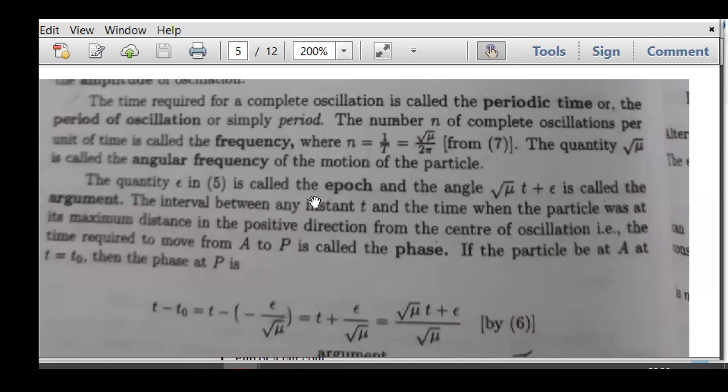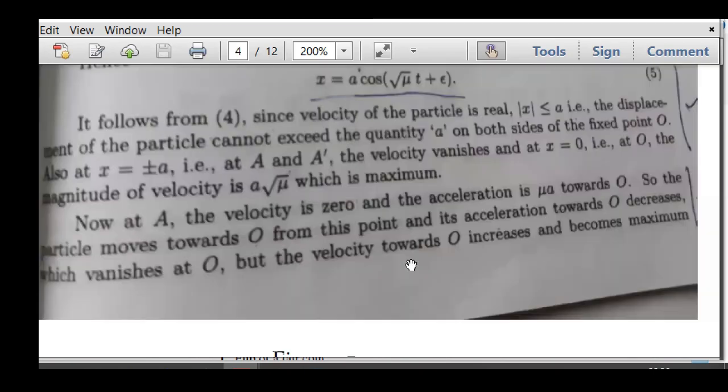So how is this epoch used? Actually this is used to calculate the phase. The interval between any time instant t and the time when the particle was at its maximum distance, that is the amplitude, in the positive direction of the center of oscillation, that is the time required to move from A to P, is called the phase. So let us go back to the figure once again.